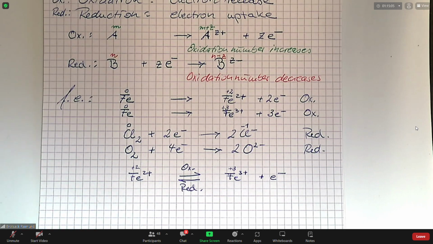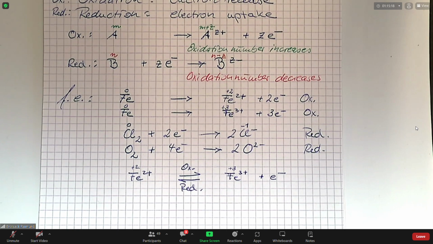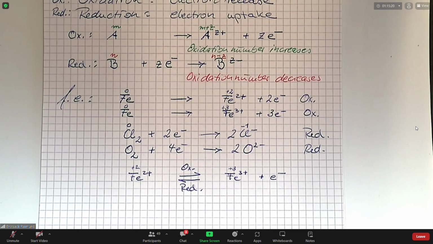Otherwise, nothing happens. So it is always a question of the environment. Is there any partner who is willing to take that electron in this environment, under that condition? pH, temperature, and other systems which are influencing, all have an impact on what happens.